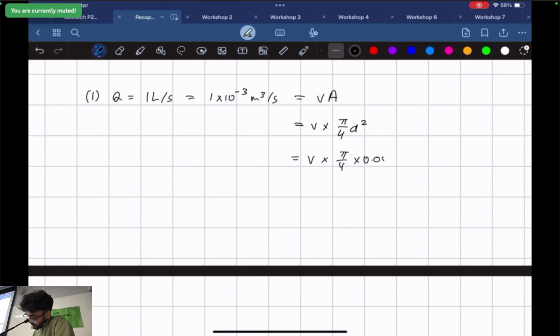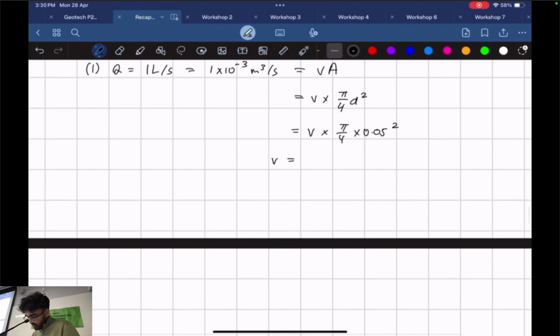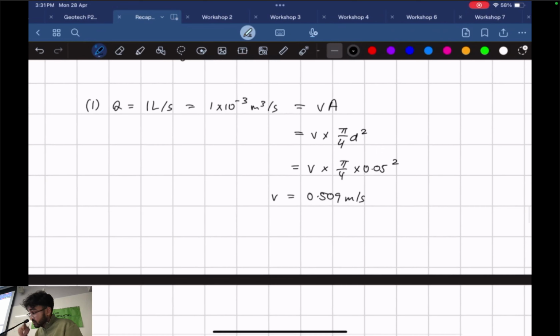Times 0.05 squared. So just rearranging for V now, we get 1 times 10 to the minus 3 all over 0.05 squared times pi on 4. That's 0.509. Right, so that's our V1.